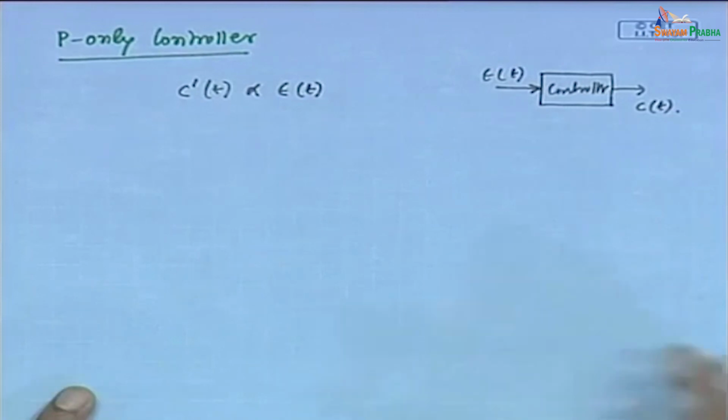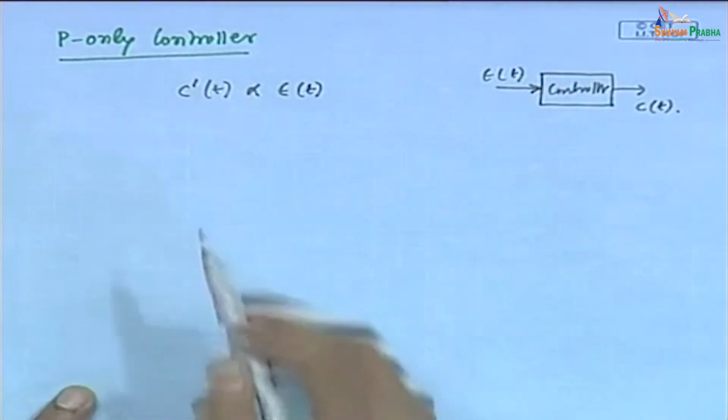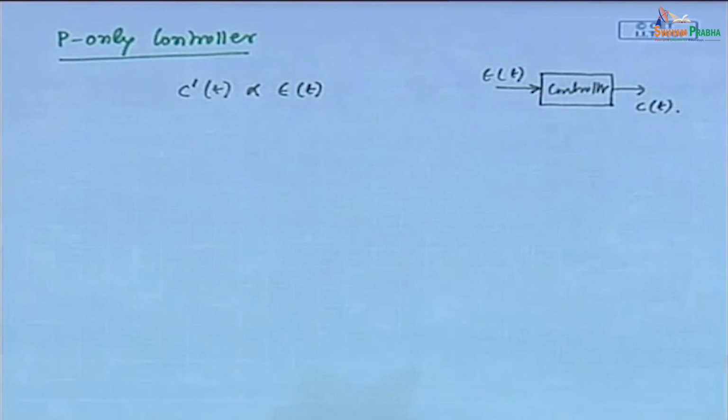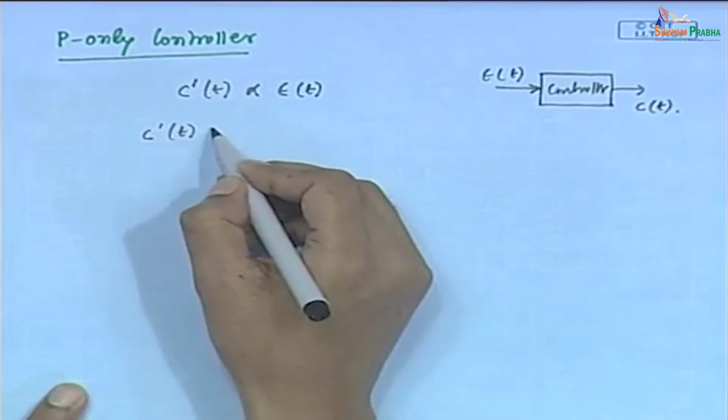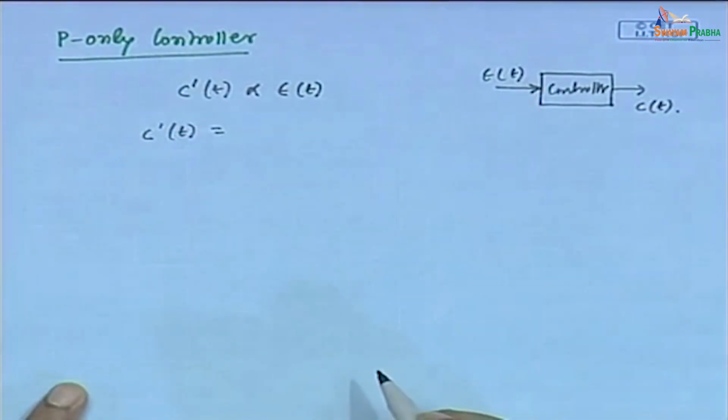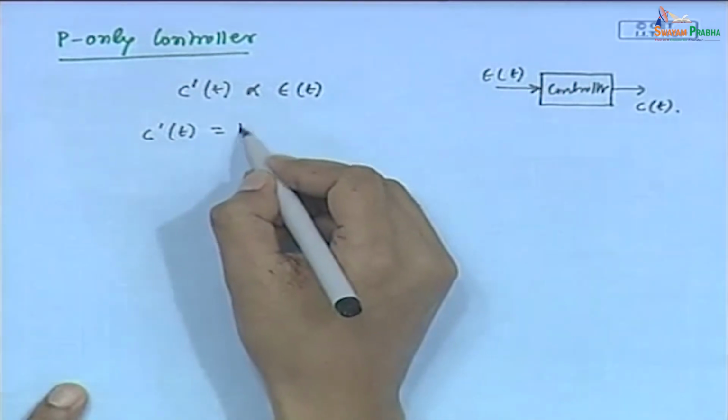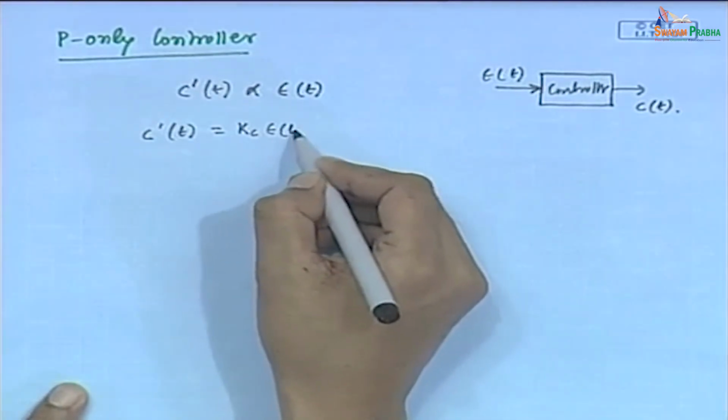Fine. Now, we have written here C in terms of deviation variables. So, C prime t is proportional to the error signal, that is the input to the controller, and that is why it is called proportional controller. So, we can write this again as C prime t equals Kc epsilon t.